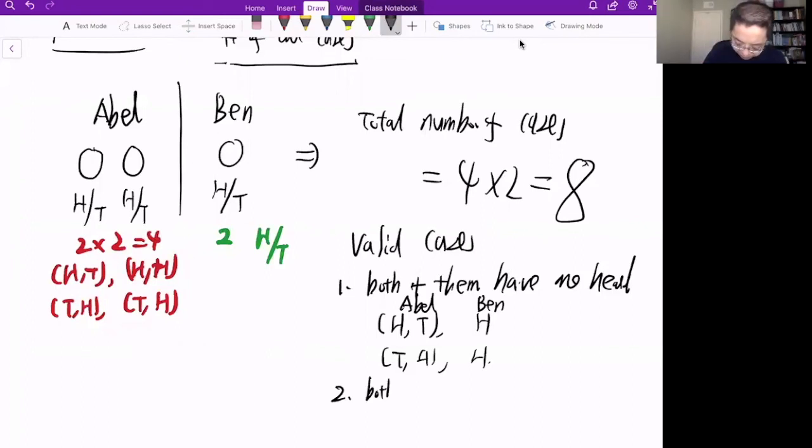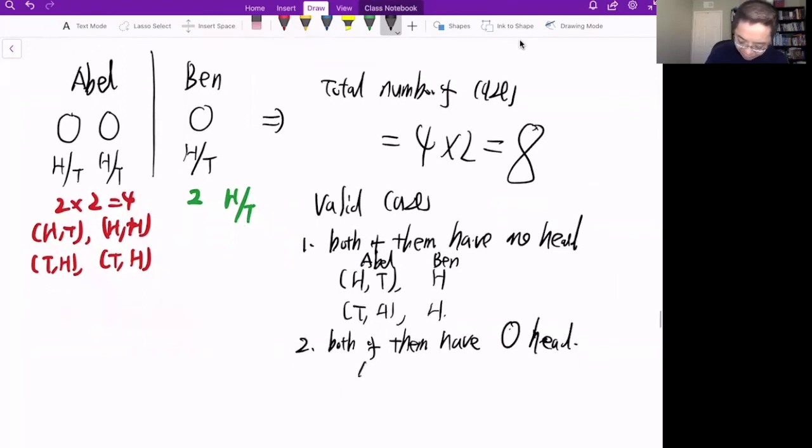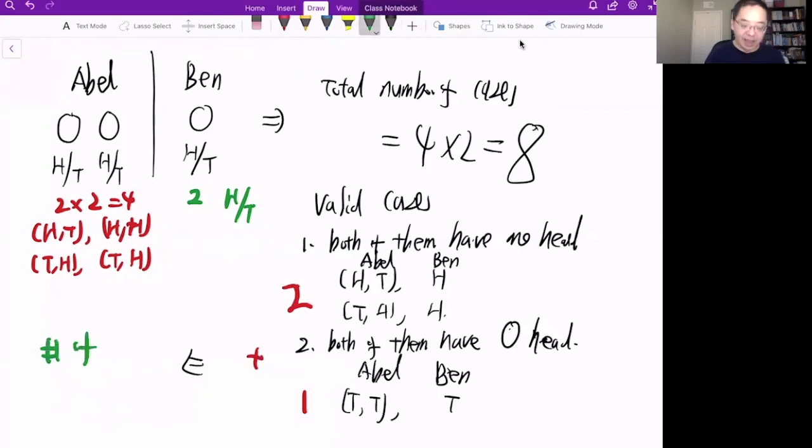Abel gets tail-tail and Ben is also tail, so it has only 1 possibility. So this is 2 situations, and here's 1 situation. If you add together, the number of valid cases is 3.